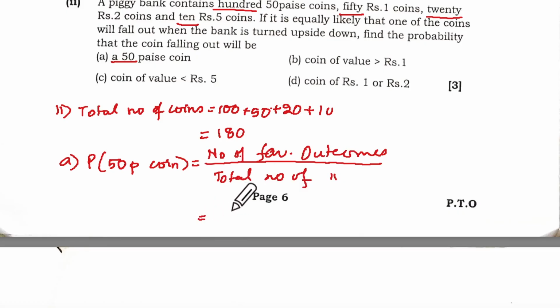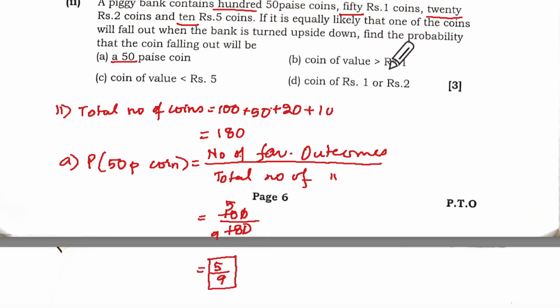How many 50 paisa are there? 100. Upon 180. Which is equal to how much? 5 upon 9.